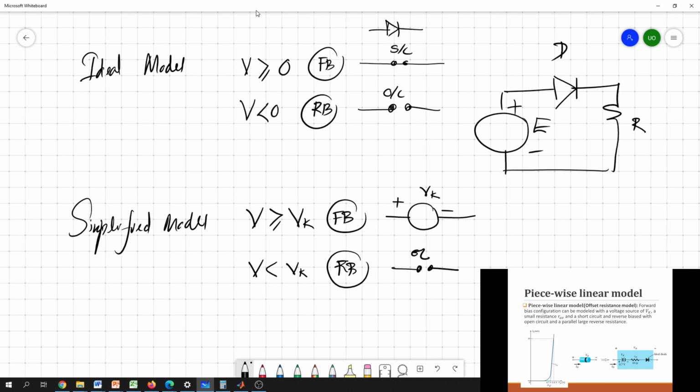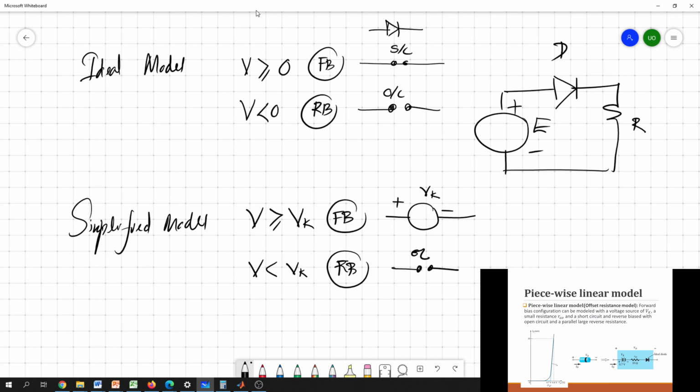For example, with the ideal model, you assume this diode is an ideal diode. Then you can evaluate the voltage drop across the diode and see whether it's greater than or equal to 0 or not. If it is, you can replace this diode with a short circuit element. If it is not, you can replace the diode with an open circuit element, and then you can simplify the entire circuit to a circuit where you have resistors and sources only.